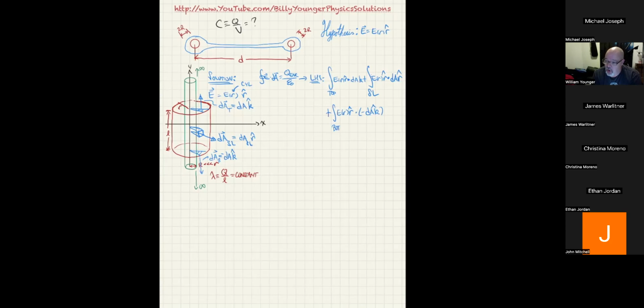So we want only the components of the electric field that are parallel to those dA vectors. The way you mathematically pick out like components is you use a dot product, whereas if you want to mathematically pick out perpendicular components, you use a cross product, and we'll see that later too.